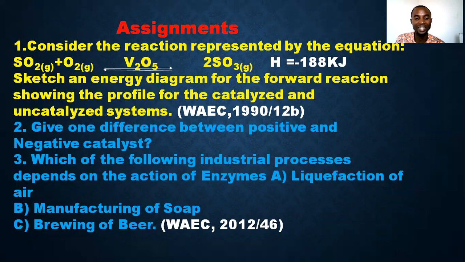Number three, which of the following industrial processes depends on the action of enzyme? That is an objective question, WAEC 2012 number 46. Is it liquefaction of air, manufacturing of soap, or brewing of beer? Which of the following industrial processes depends on the action of enzyme? I think we talked about it, and with that, just do the assignment.